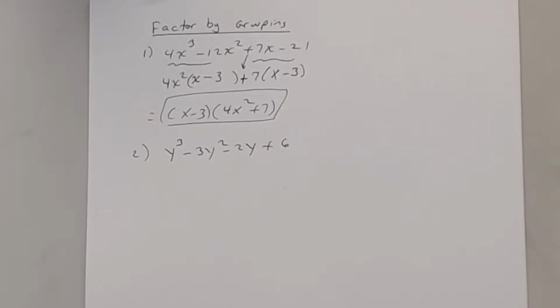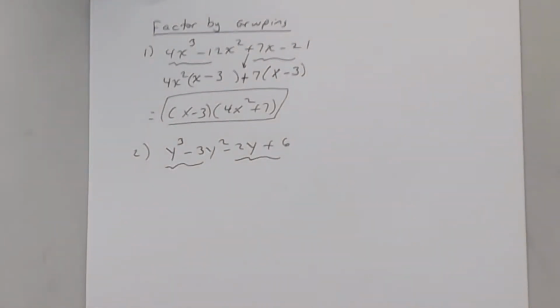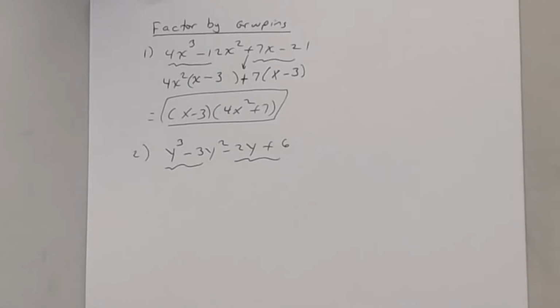So then we're going to group the first 2. First of all, how many terms do you see? 4. So when you see 4 terms, you want to try grouping. So again, we're going to try grouping the first 2, the last 2. At some point, we're going to look at problems where that grouping does not work, so we would have to switch terms around. But for us right now, it should work.